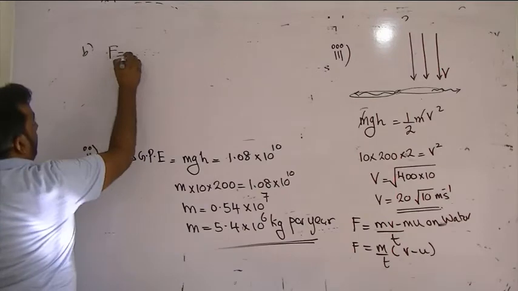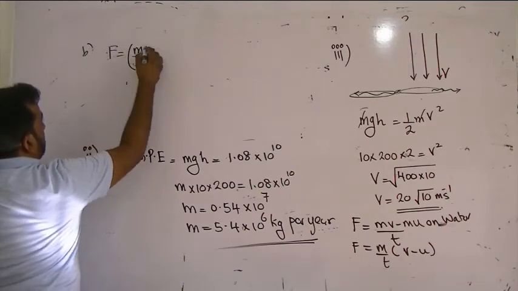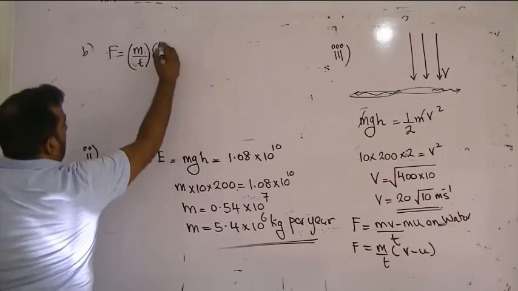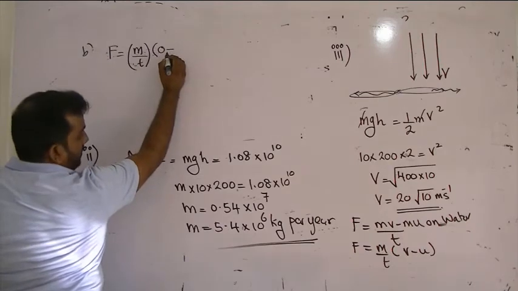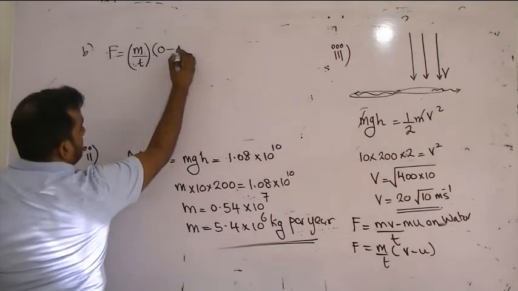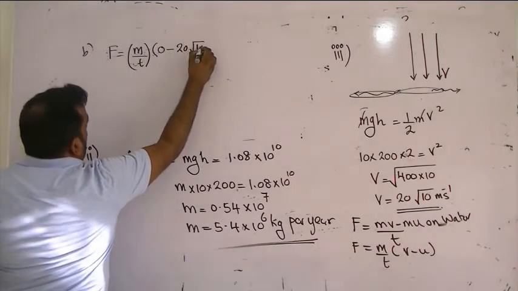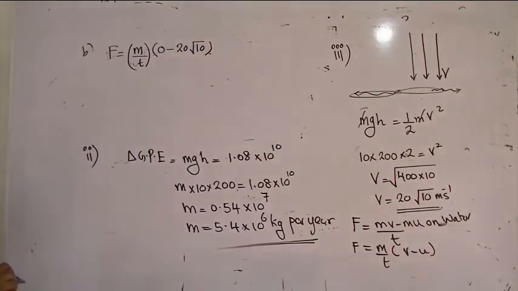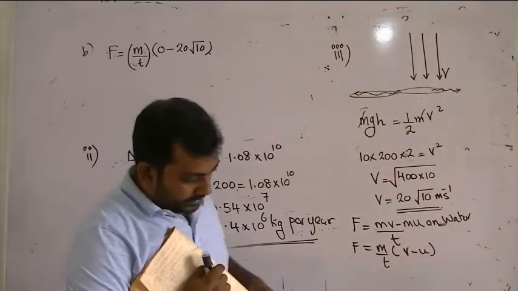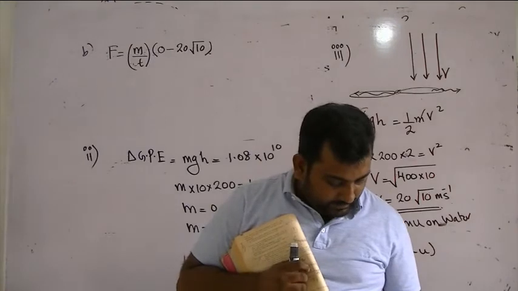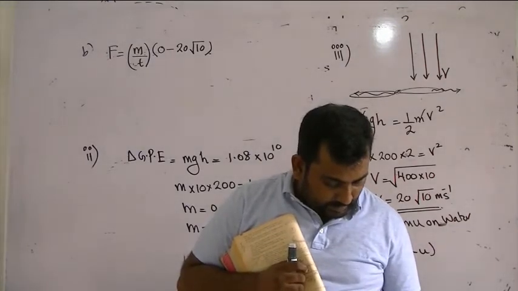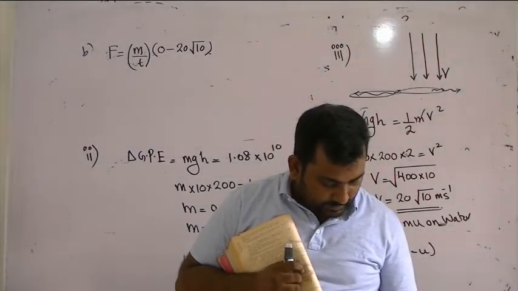So F is equal to m over t, the mass flow rate, times final velocity minus initial velocity. Final velocity is 0, initial velocity is going to be 20 root 10. They are asking you here the force.